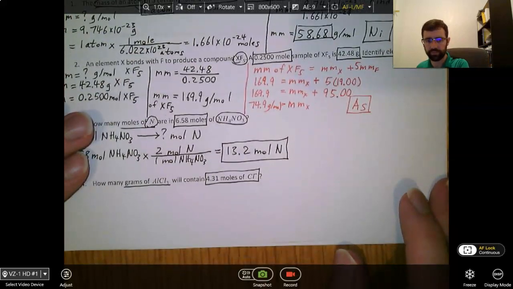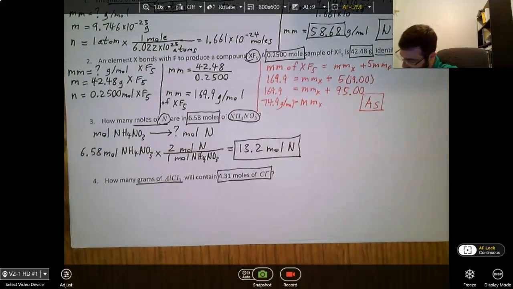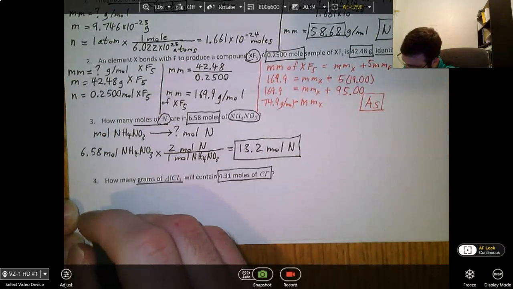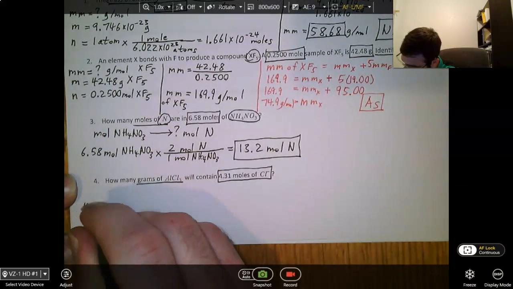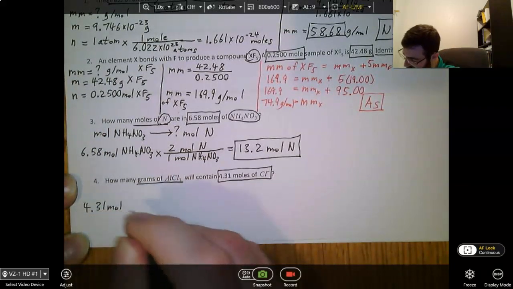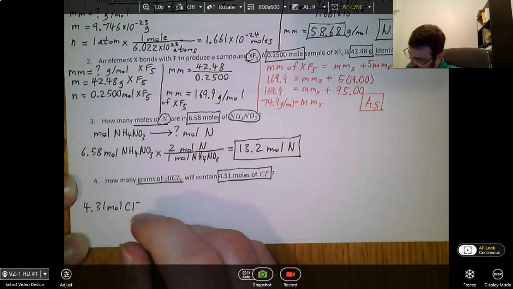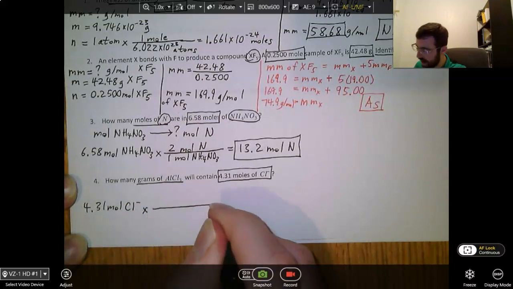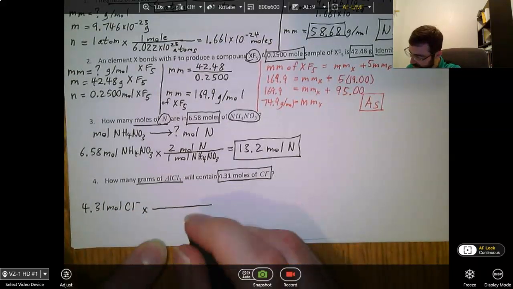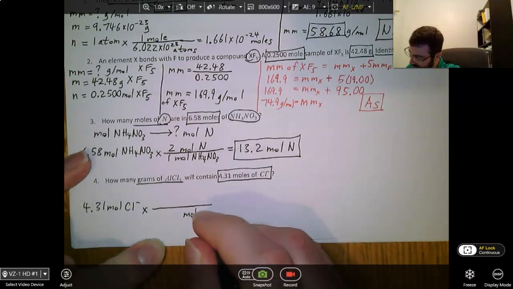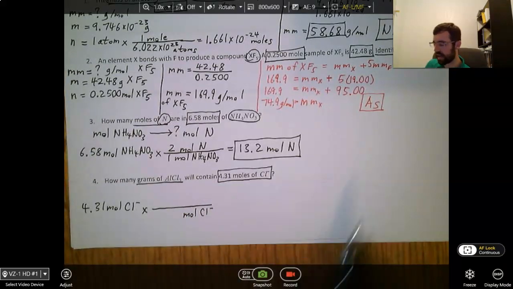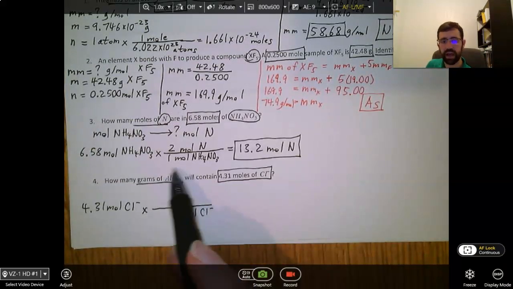We're going to start out with what we know, which is 4.31 moles, and make sure you're labeling carefully. That's moles of Cl minus. So I have to have moles of Cl minus on the bottom. My goal is to find out how much AlCl3 I have.